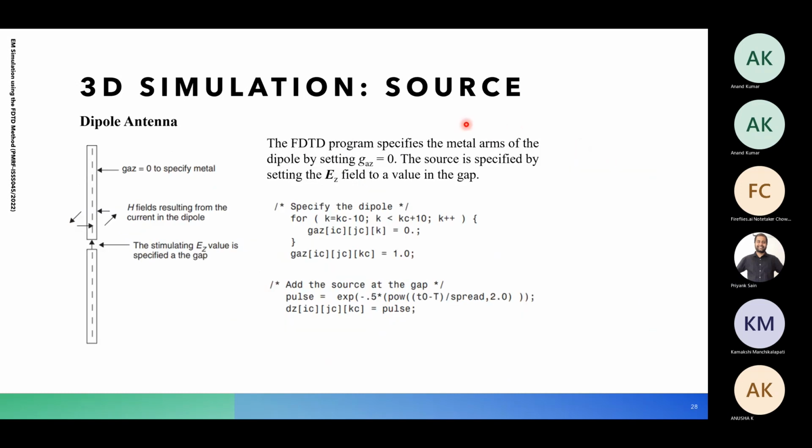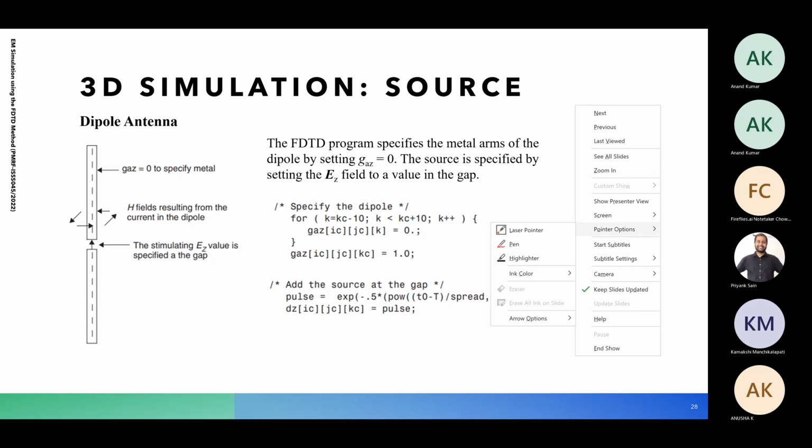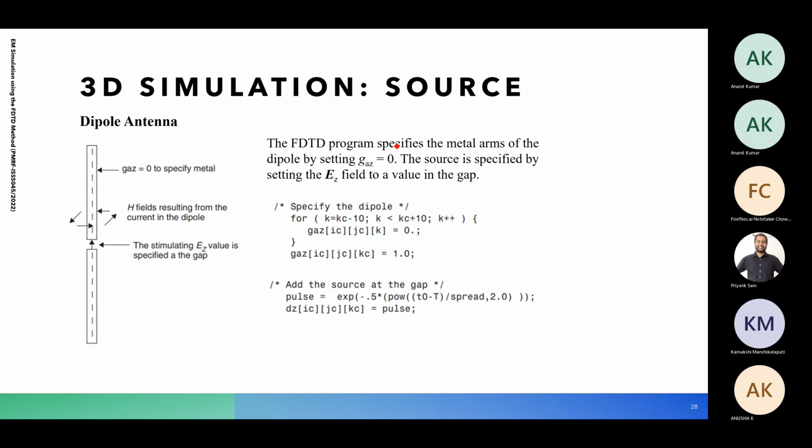Now, how to include a source: you can directly keep a Gaussian pulse inside the source, and that is what we'll use for this dipole antenna. I hope everybody is familiar with what a dipole antenna is. A dipole antenna looks something like this.